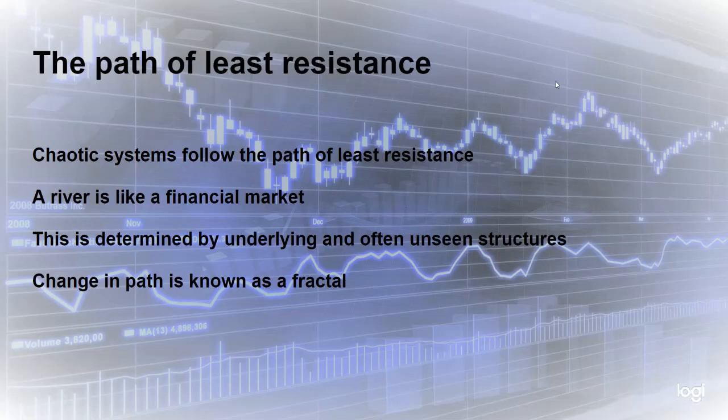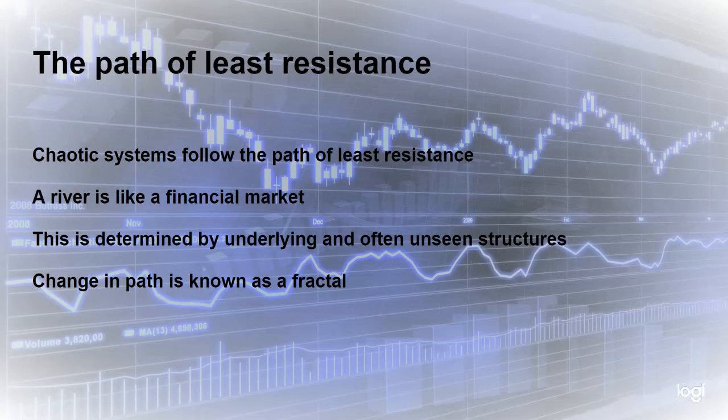What happens in a chaotic system is that it will often follow the path of least resistance. In much the same way a river flowing down a mountain will follow the path of least resistance, it won't follow where the river wants to go, it will just follow where it is easiest for the river to go.